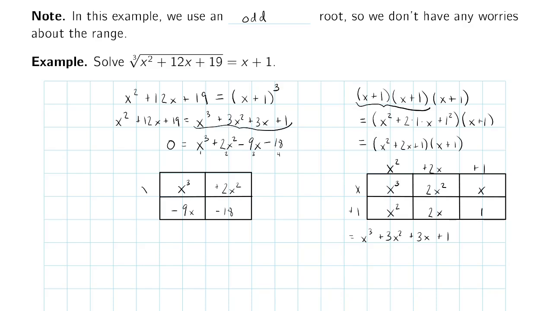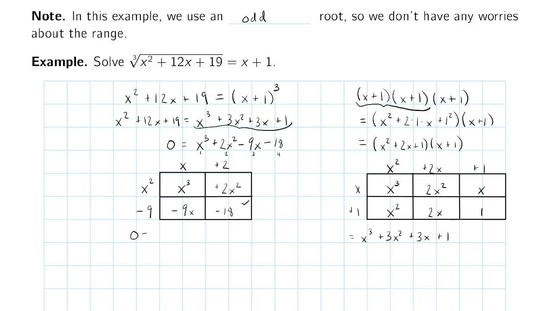In the first row, my greatest common factor is an x squared. And then x squared times x is x to the third. X squared times 2 is 2x squared. X times negative 9 is negative 9x. Negative 9 times 2 is negative 18.